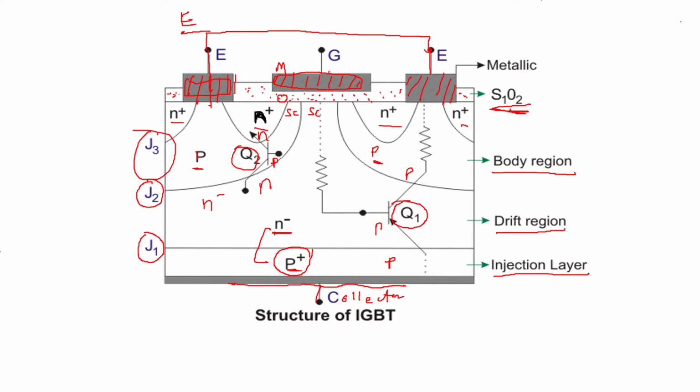The input is an insulated gate, which gives high input impedance, and the output is taken from the transistors, which gives low output impedance. So the features of MOSFET and BJT are combined in the IGBT.